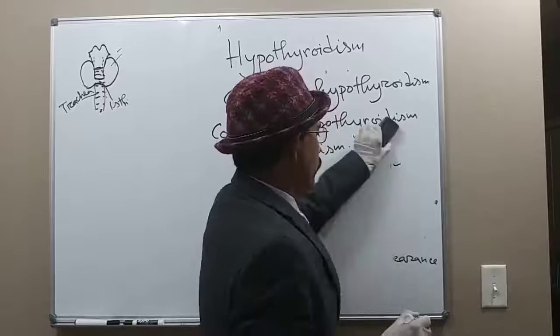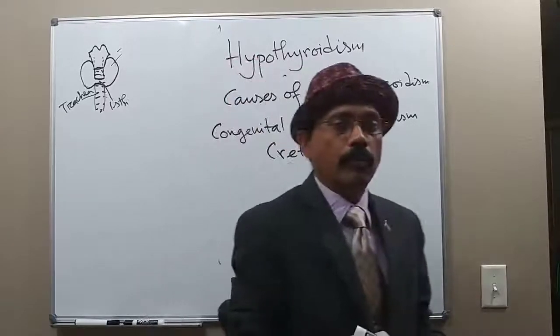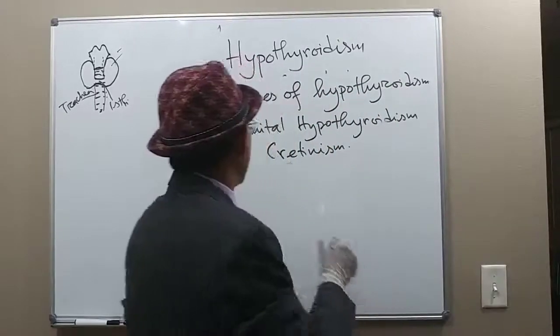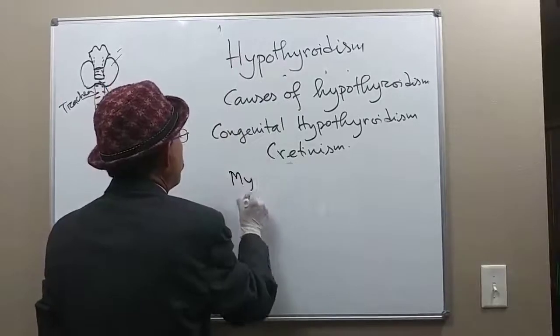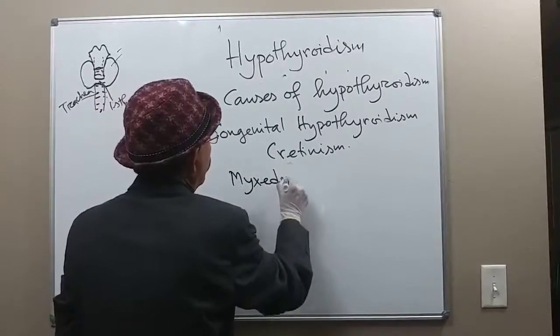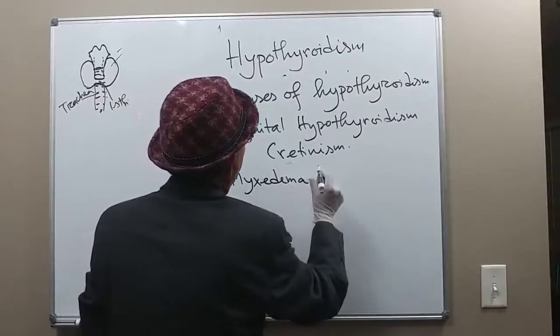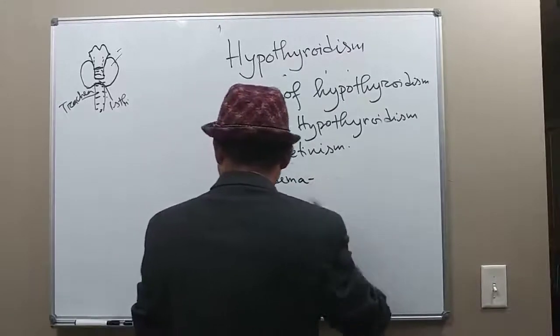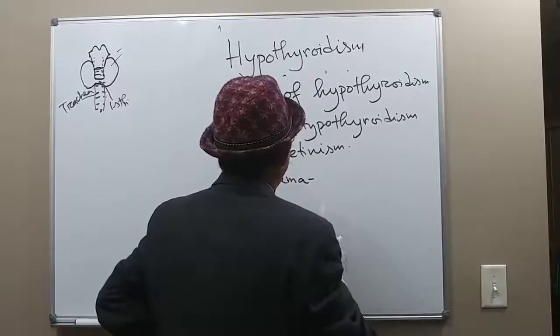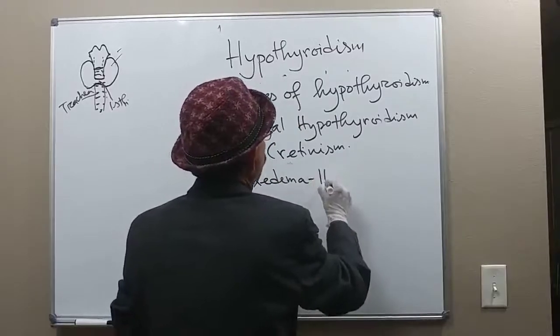Okay, hypothyroidism that occurs after childhood, we call it myxedema. That is hypothyroidism after childhood.